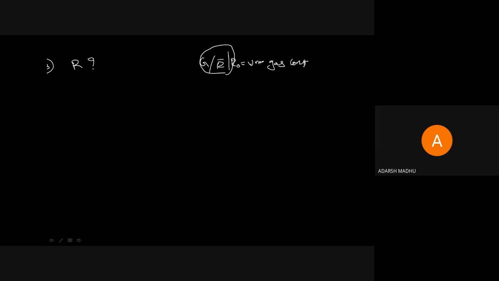R naught equal to the universal gas constant, 8.314. Capital M is the molecular weight. R is the specific gas constant or characteristic gas constant.